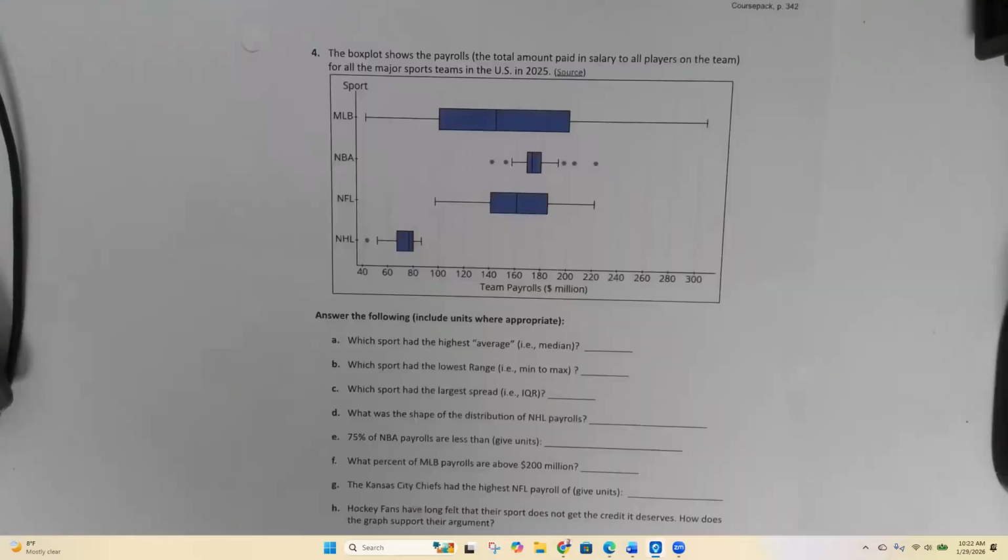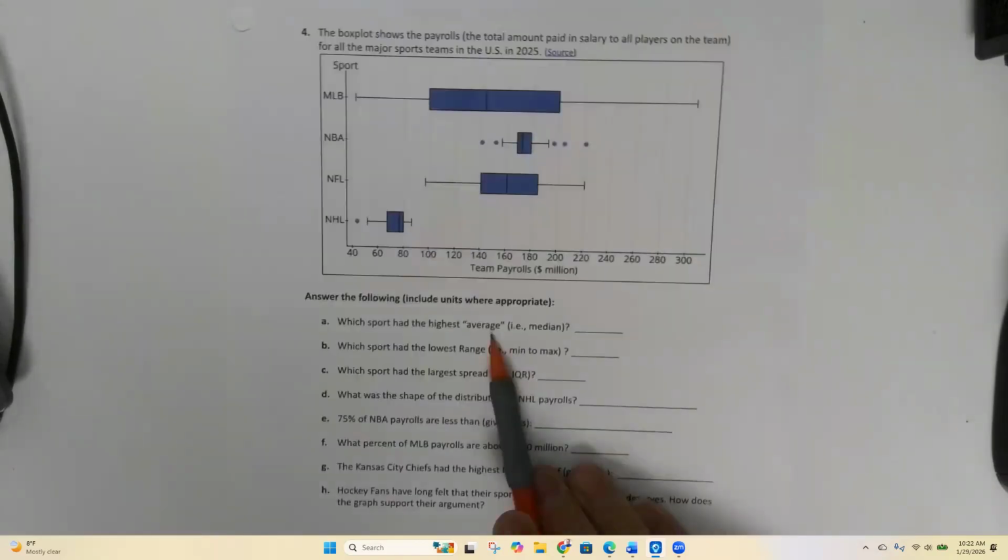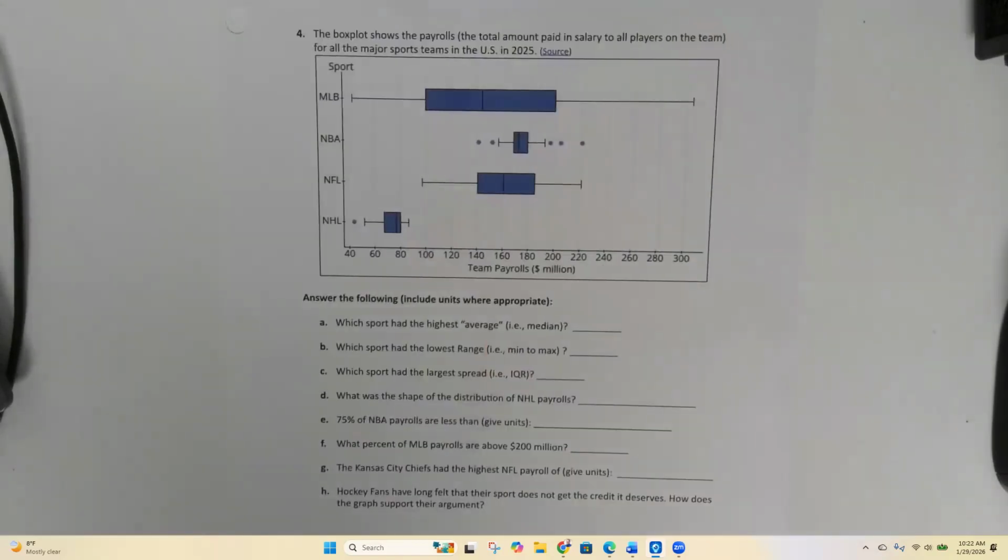Last page, and then we'll go back through. So page 342. This box plot shows the payrolls for all major sports teams in the US in 2025. Which sport had the highest average? Now, normally when we talk about average, we mean mean, but box plots don't include the mean. They include median, so it's fine.